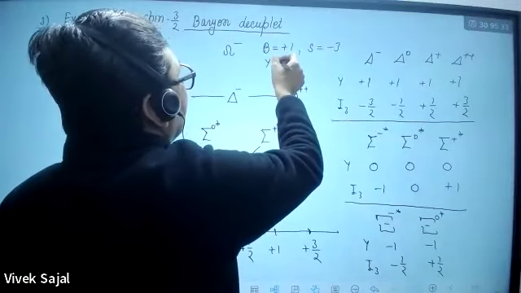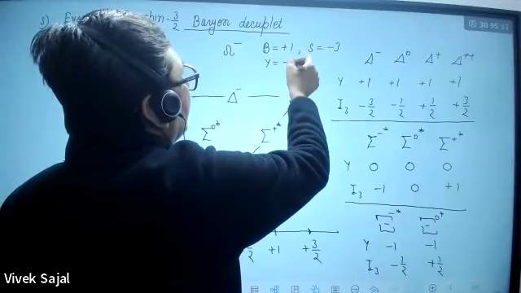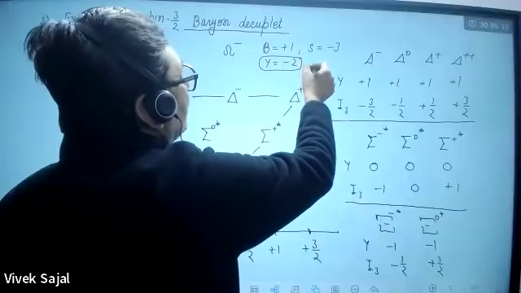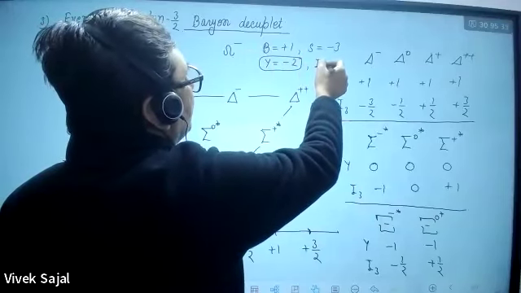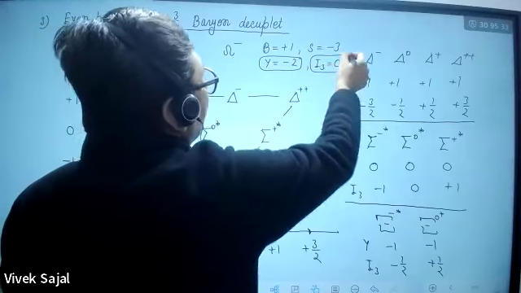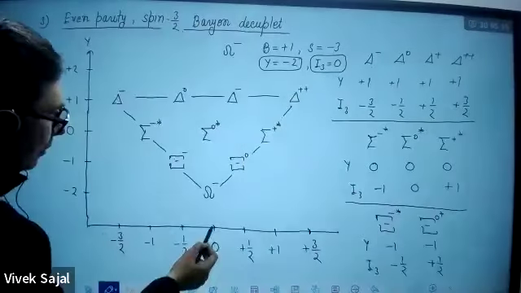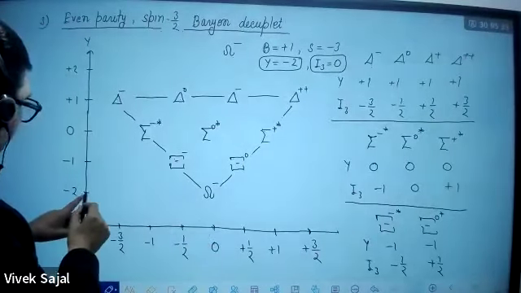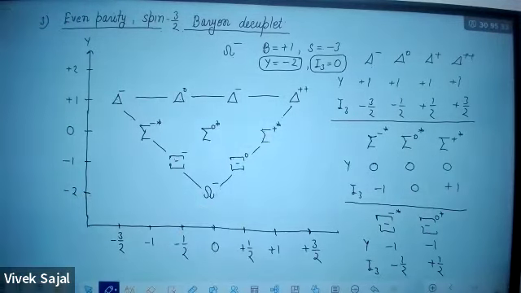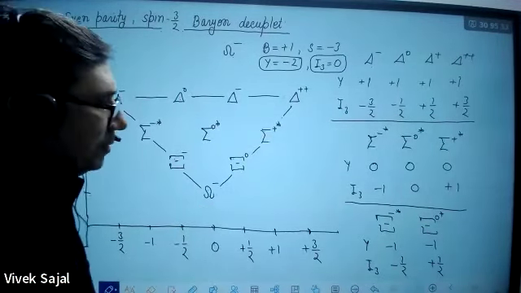So the Y number, that will be B plus S, that will be minus 2. This is not forming a multiplet, so its I3 number will be 0. So this is 0 here for I3, and Y number is minus 2, so I have placed it here. Okay, thank you. Welcome, beta.